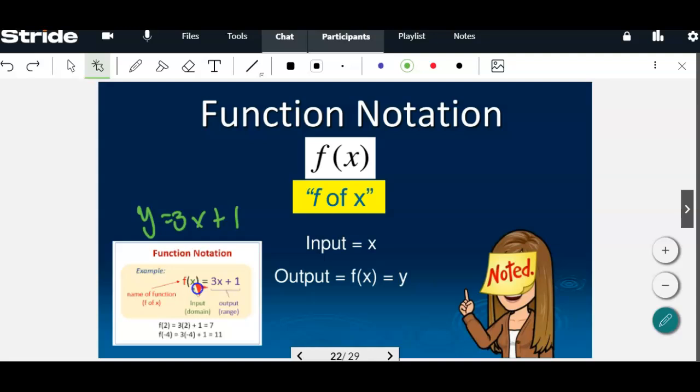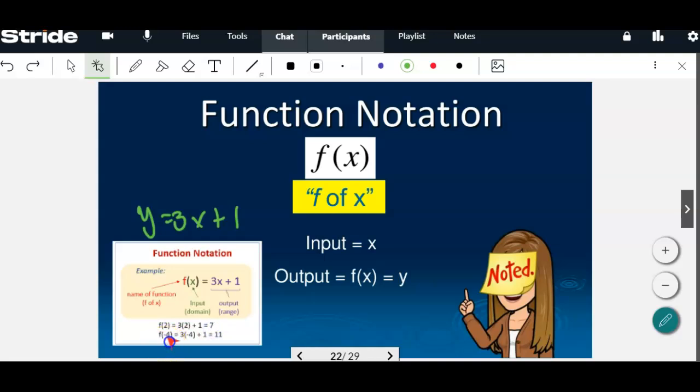This just shows you that you can take the f of x and plug in the input value for x. So if x was 2, f of 2 would mean that you take the 2, 3 times 2 is 6, plus the 1 is 7.